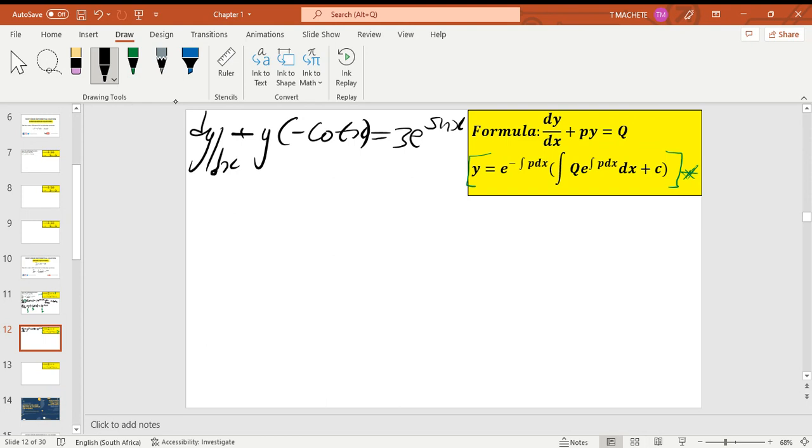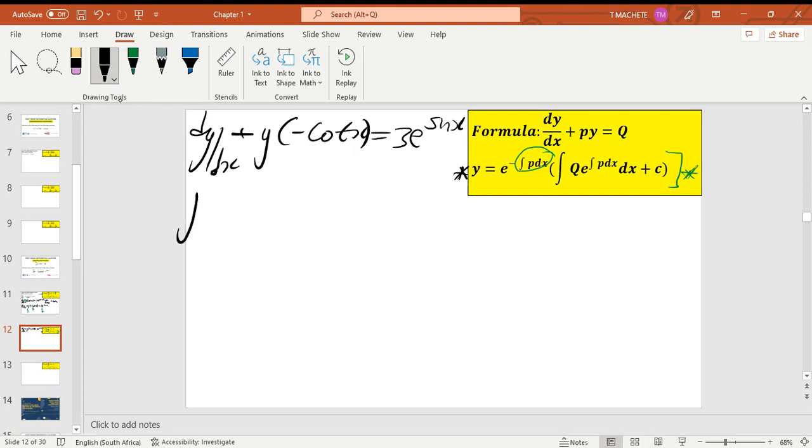The second step is to substitute whatever values you have into that equation. That equation tells you that you must first find the integration of p dx, because all the other values you have. You have got q, but you don't have this p dx.